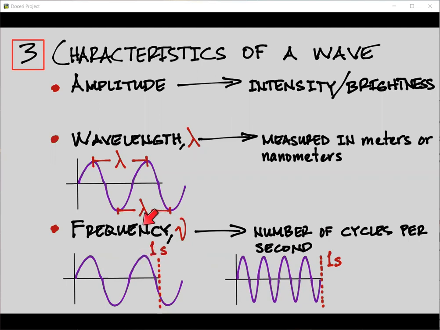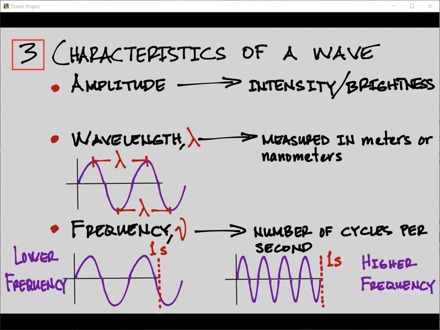And so the higher the number of cycles per second, the greater the frequency. You can easily assume just by looking at the graph that wave number two has a higher frequency, and the one on the left has a lower frequency. So this is how you can visualize frequency and wavelength.